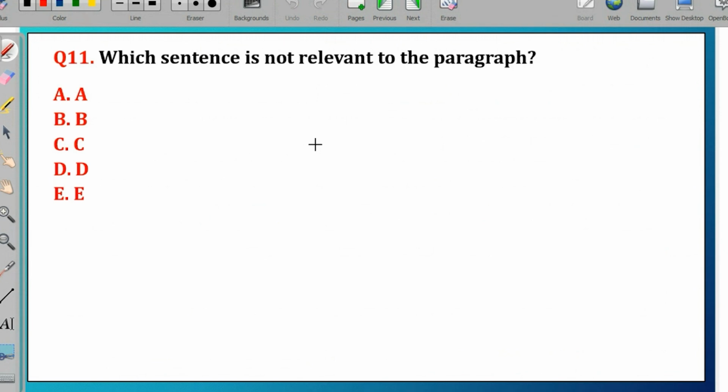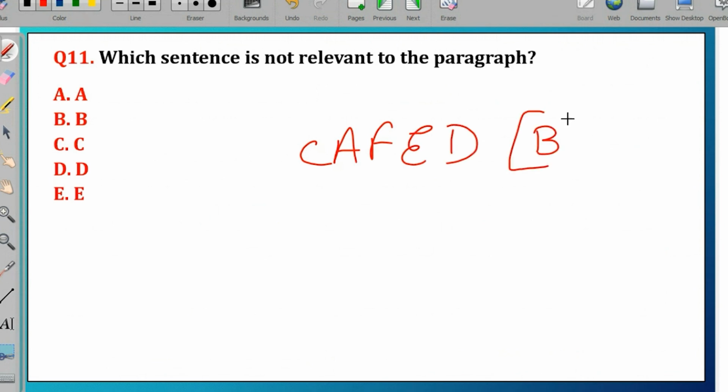Now, what did we do? We did CAFED and we kept B in the bracket because we were not understanding the right position of B. Okay, na? So B is not relevant. Correct answer ho gaya aapka option B.